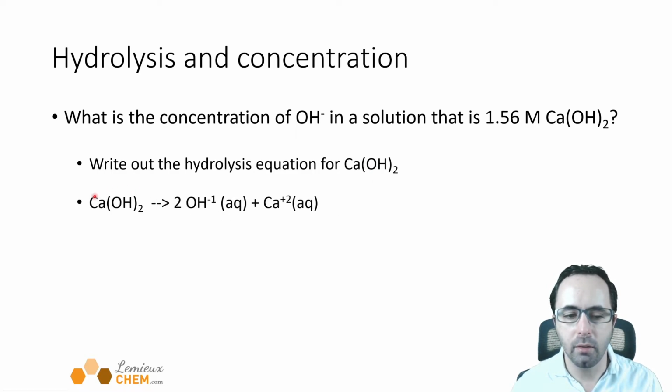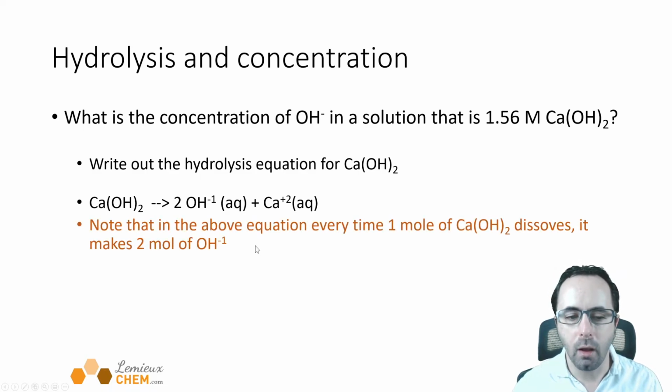So remember, calcium hydroxide, the ions separate here, and every 1 mole of calcium hydroxide is going to produce 2 moles of hydroxide ions. So if the concentration of calcium hydroxide is 1.56 molar, well, that means 1.56 moles per liter. That means per liter of water, it will produce 1.56 moles of calcium ions, but it will produce twice as many hydroxide ions.